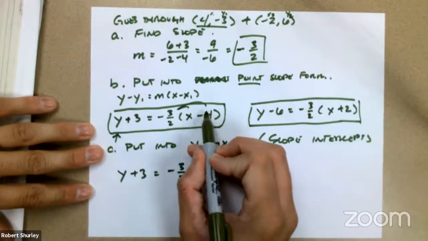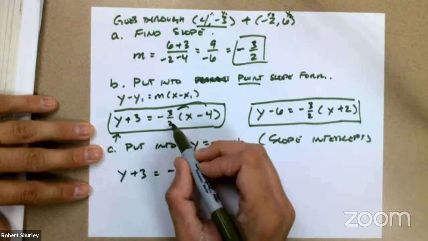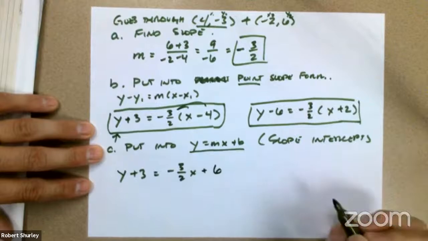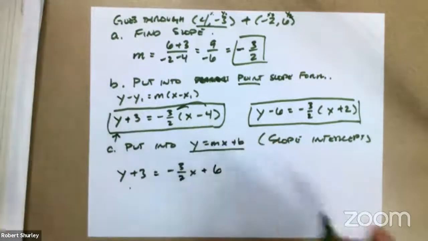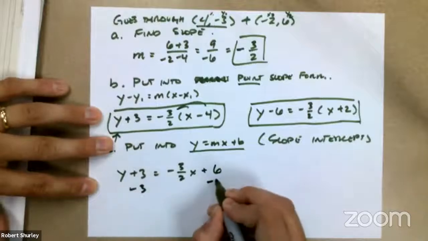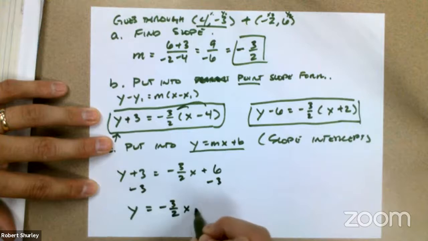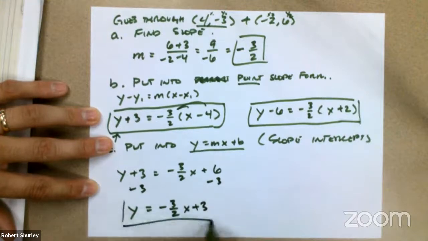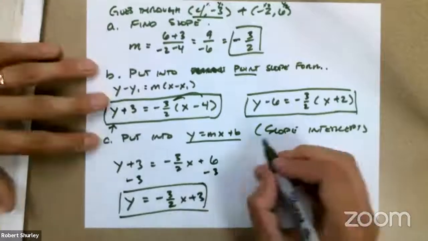Just multiply the integer by the numerator. 4 times 3 is 12. Then you divide it by 2, you get 6. Okay? You can use a calculator, right? I'm not stopping you from doing that. So subtract 3, and you get y equals -3 halves x plus 3. Boom. Okay?